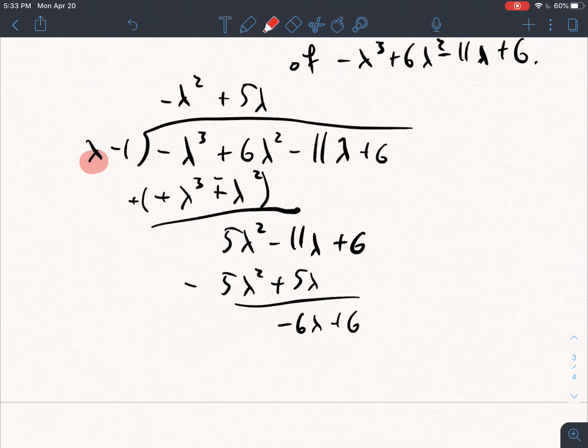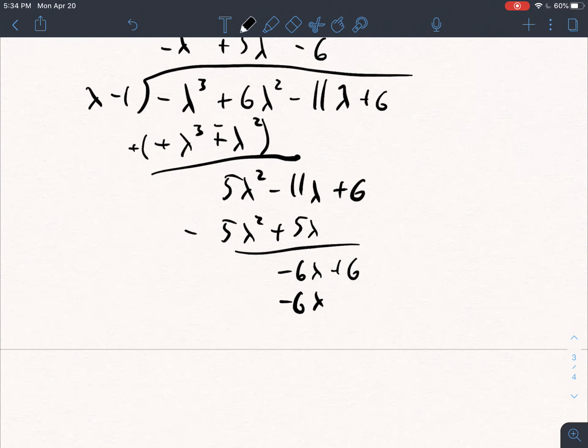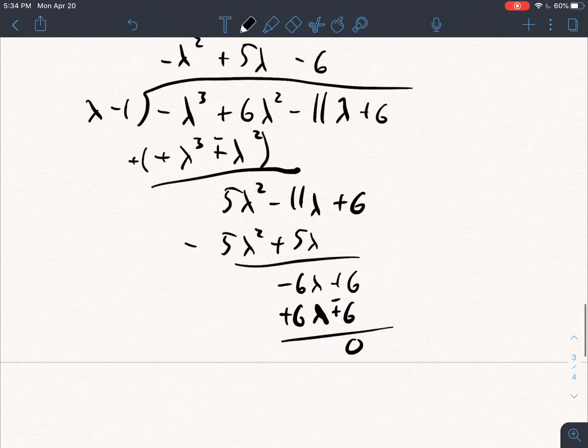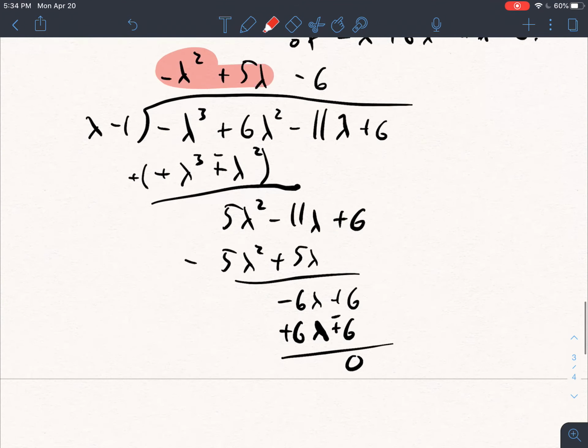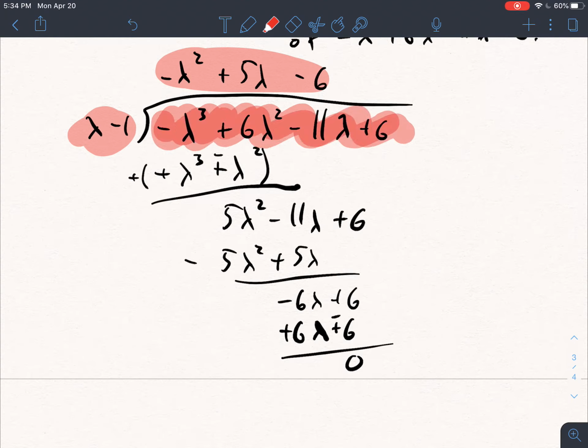I get negative 6 lambda plus 6. And then how many times does lambda go into negative 6 lambda? Negative 6. So I get negative 6 lambda. Negative 6 times negative 1 is positive 6. And I subtract all that, and I'm left with 0. So my remainder is 0.